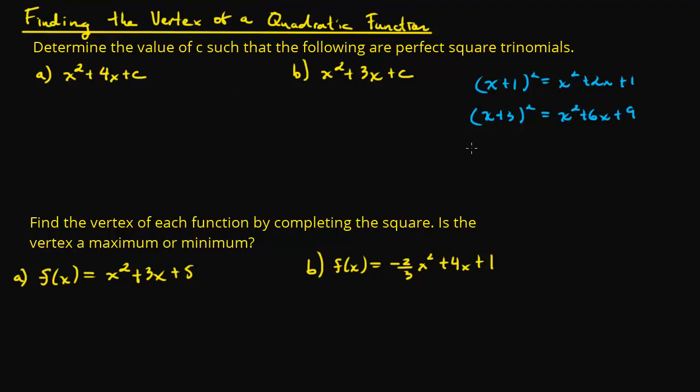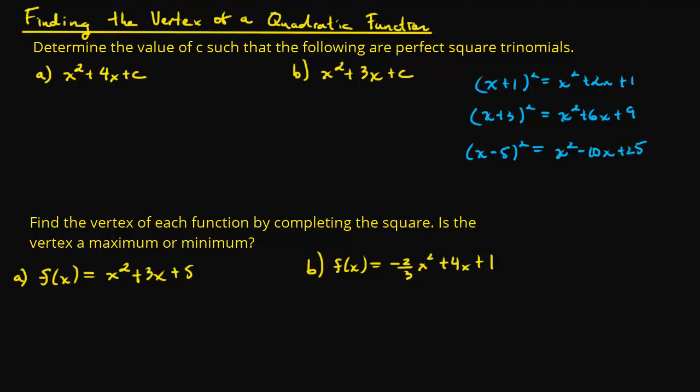So let's do one more. Let's do x minus 5 squared. For x minus 5 squared, you'd get x squared minus 10x plus 25.